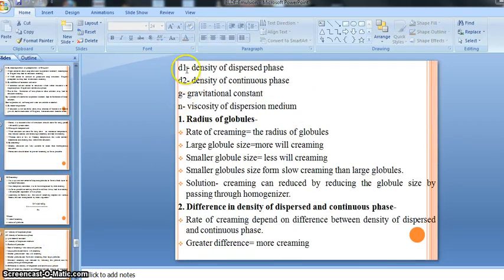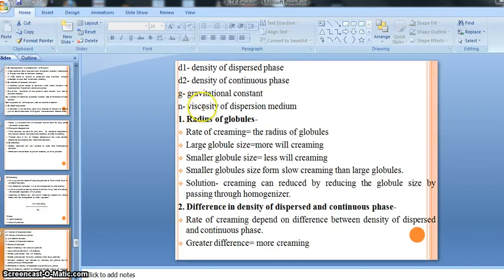Then d1 is the density of the disperse phase. We know there are two phases, disperse and continuous. d1 means the density of our disperse phase, then d2 is the density of our continuous phase. Then g is the gravitational constant, a given constant value that we cannot change, right?